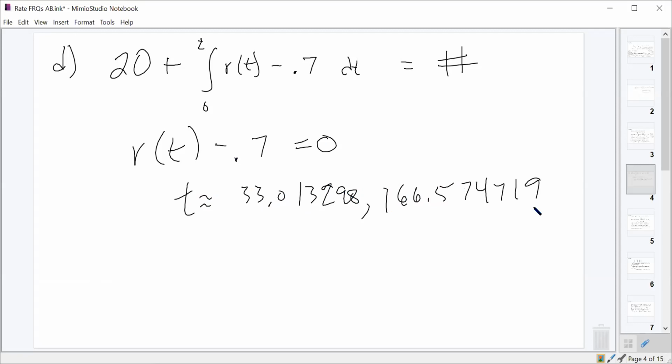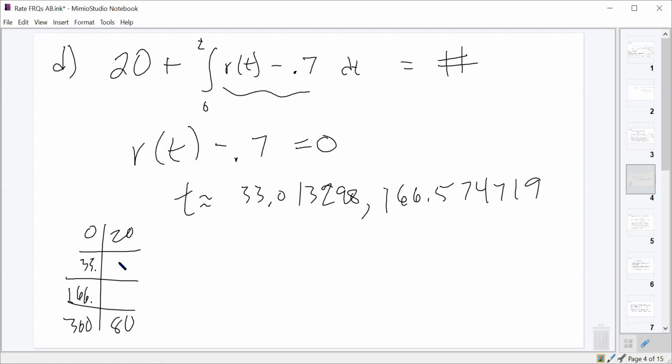Yes, but the overall rate between entering and leaving, so subtract that 0.7. Then we make a chart and you test 0, 300, 33 point whatever, and 166 point whatever. At 0, we knew it was 20. At 300, what do we have? We have 80. And then you just need to find those other two values.